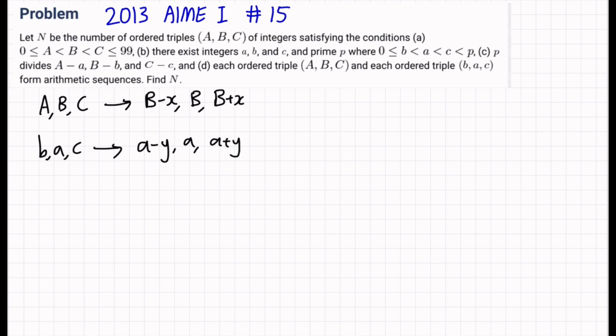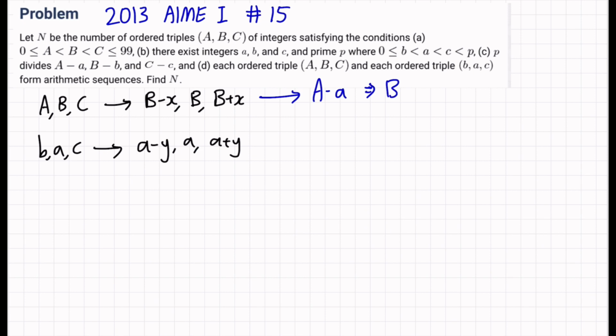And then we know that P divides these three, so let's try to rewrite A minus a, B minus b, and C minus c based on these. A minus a is going to be B minus X minus a.